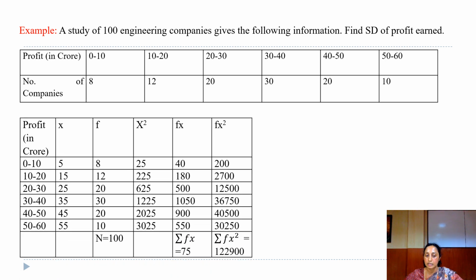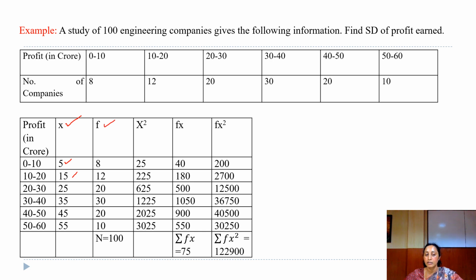So let us construct a table. Profit in crores is given to us, and then we shall find the mid value of each class. For 0 to 10, that is 5. Similarly, the mid value of the class 10 to 20 will be 15. Similarly, we can find the mid value of each class and call it x, and f is the frequency.